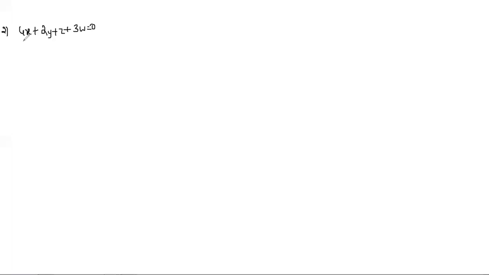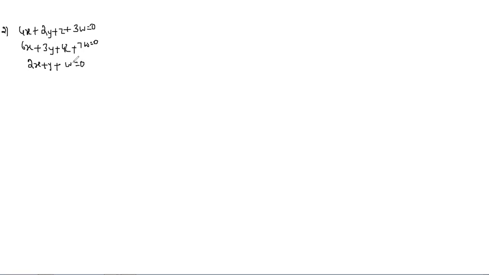And the next one, 6x + 3y + 4z + 7w = 0. Next one, 2x + y + w = 0.